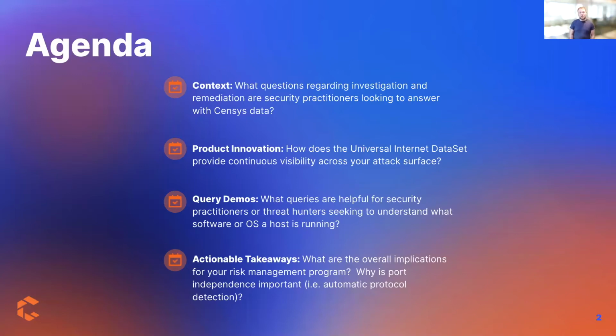So today we're going to go over what questions investigators and threat hunters can answer, as well as practitioners with our new Universal Internet DataSet. We'll also go over the dataset and how it's changed and how you can really see a full clear picture of your attack surface.